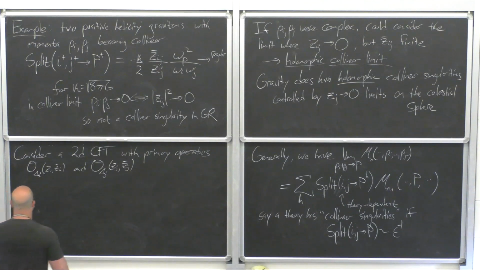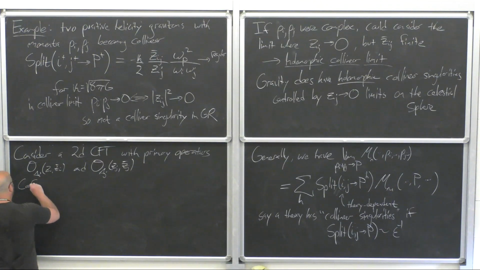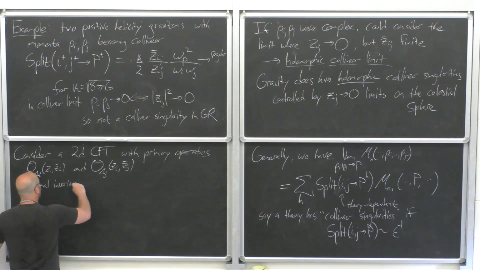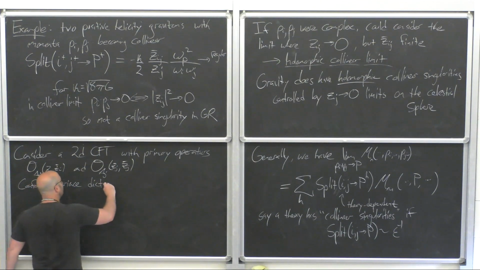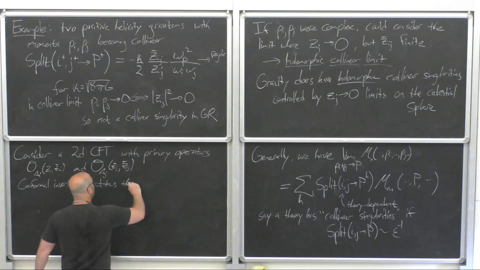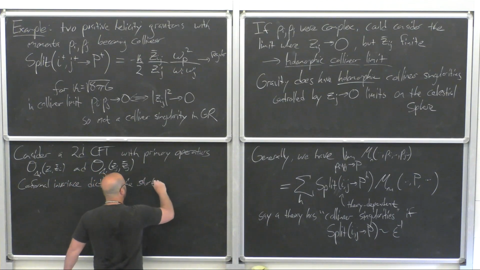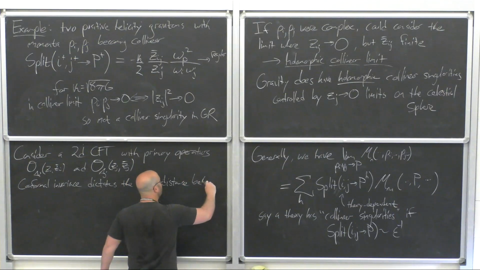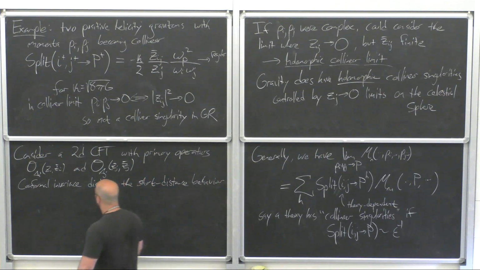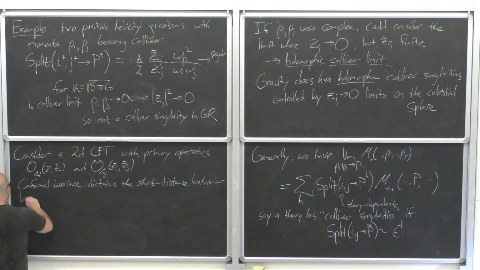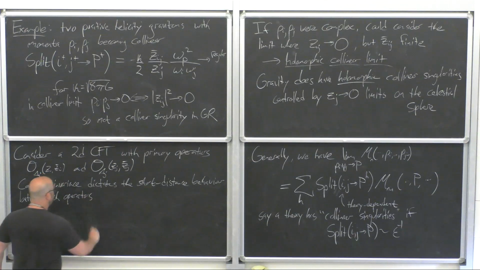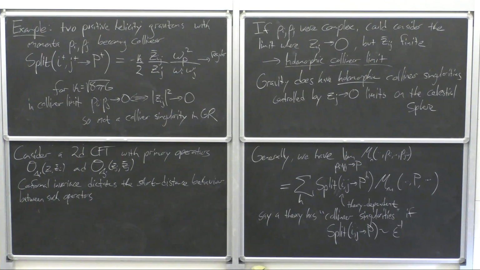Then conformal invariance dictates the short distance behavior between these operators in terms of something called the operator product expansion, or OPE.